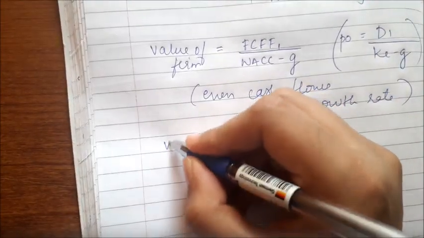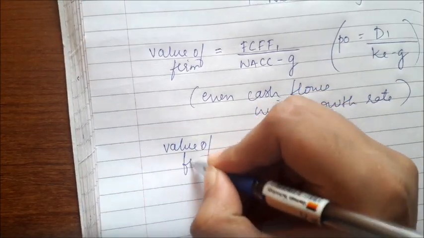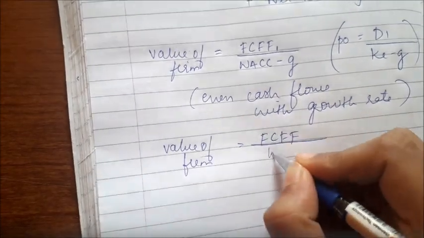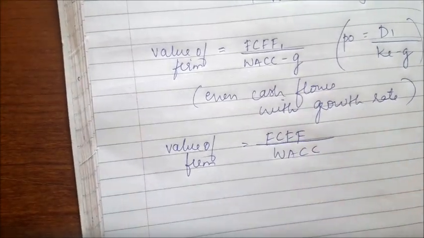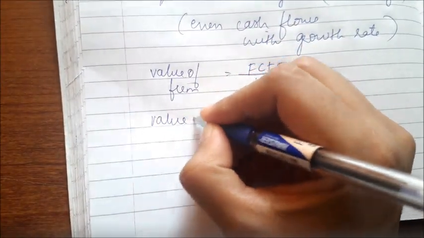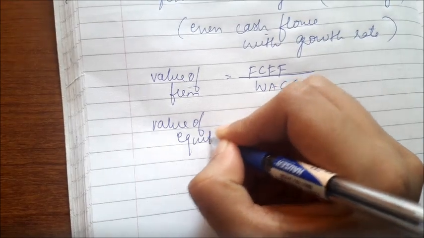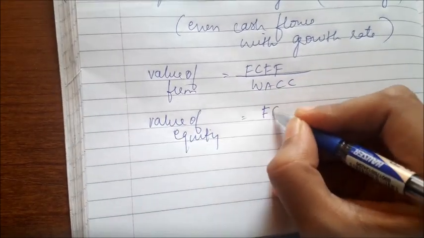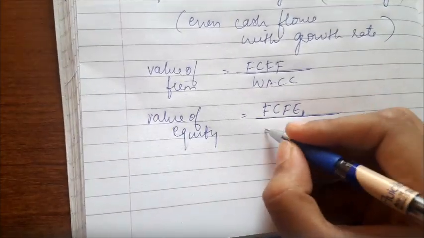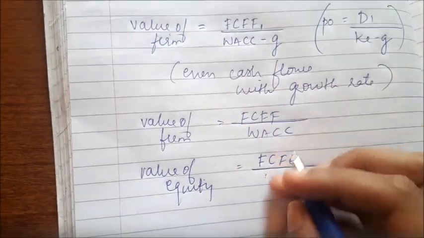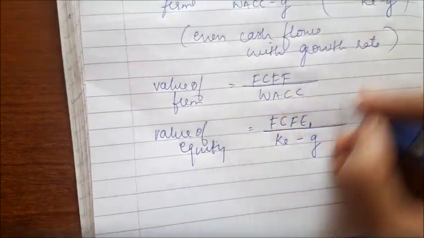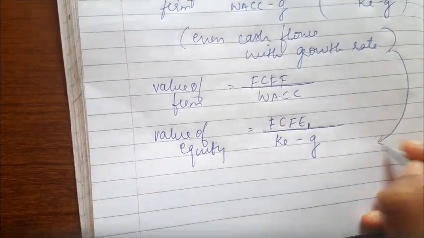Now, if no growth rate is given in the question, the value of firm is free cash flow to firm divided by WACC. If you are required to find the value of equity, it is similar: free cash flow to equity at year end 1 divided by cost of equity minus g, for even cash flows with growth rate.